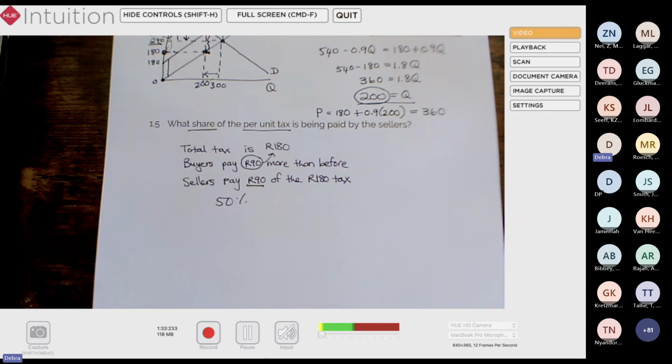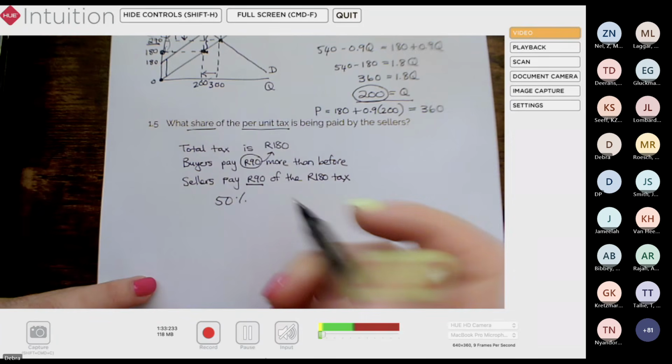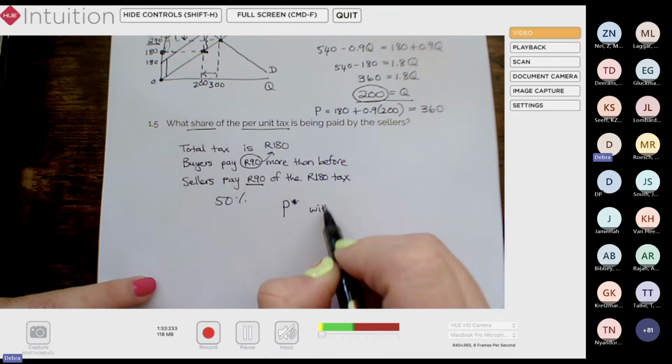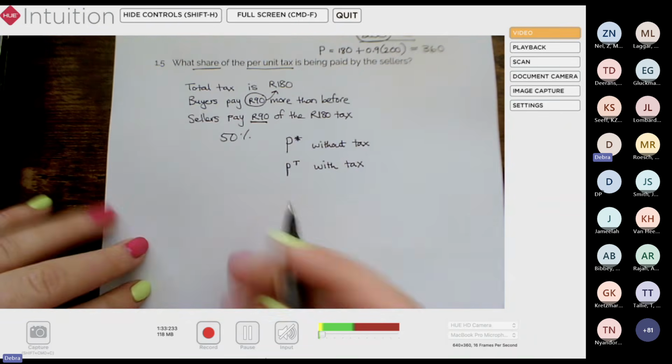If I just think about it intuitively, let's say this is your price without the tax, and this is your price with the tax. And let's say this is the tax.